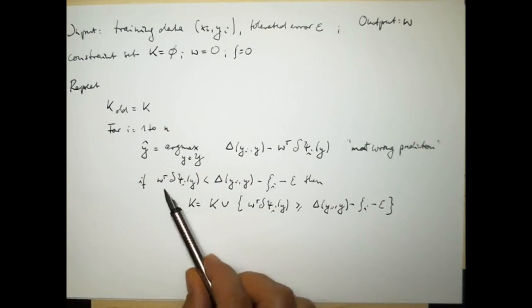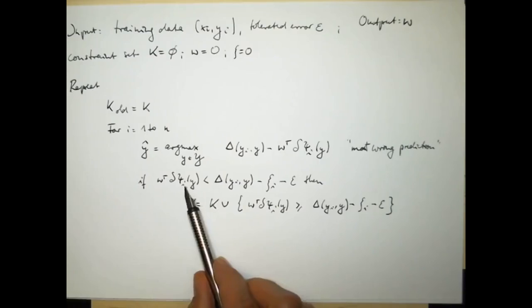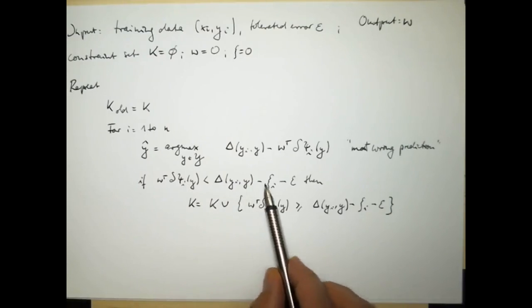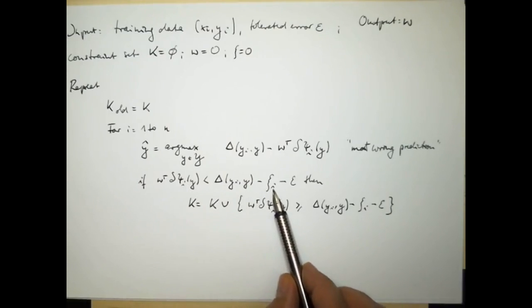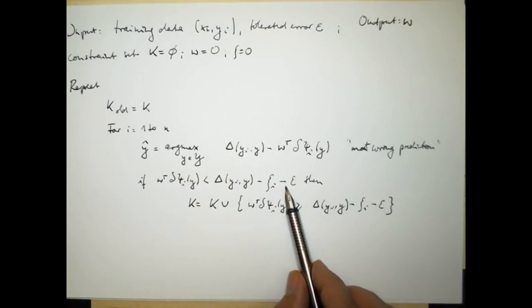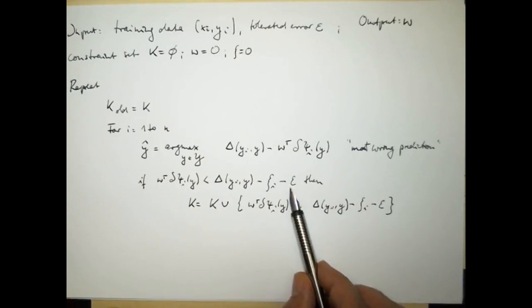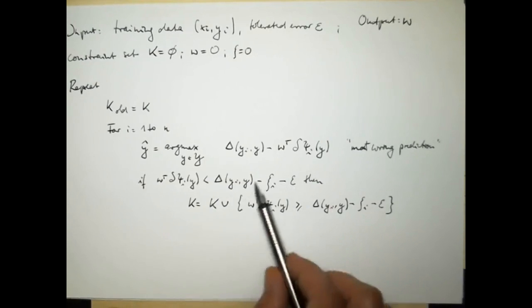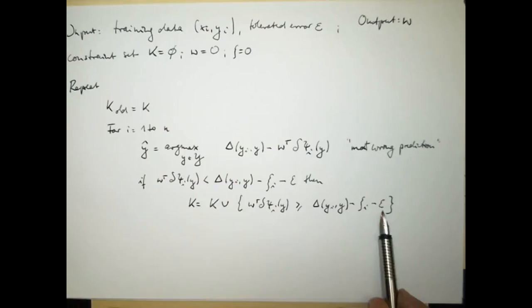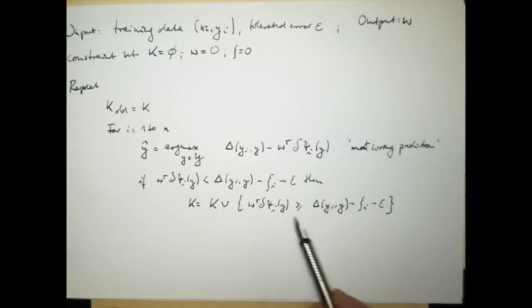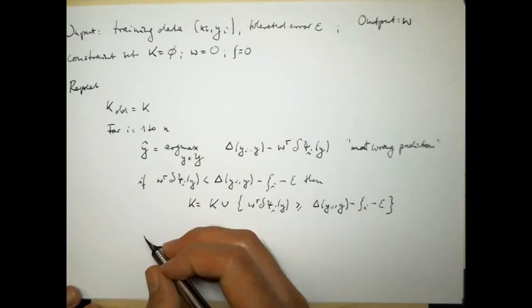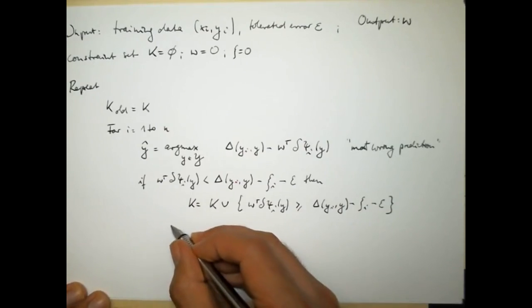So if the difference between the scores, if the margin is less than the loss function and the slack that I find and this tolerance epsilon, then I'm including this constraint, modulo this bit of error which I tolerate, in the active set, and am resolving for the new parameters.